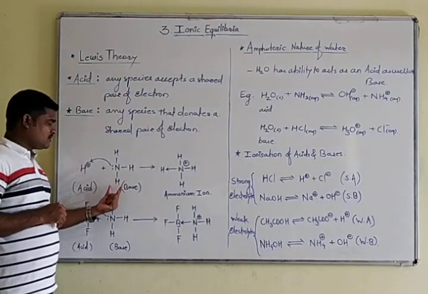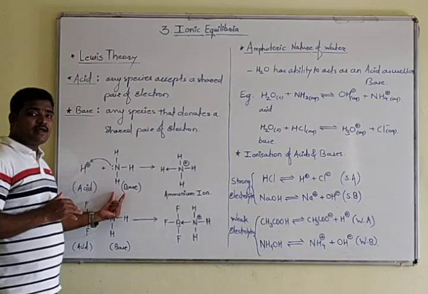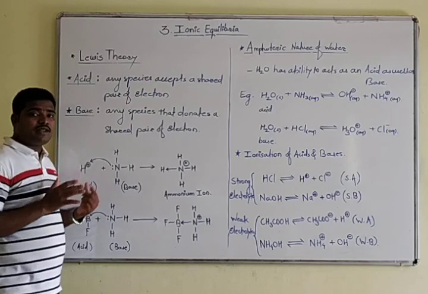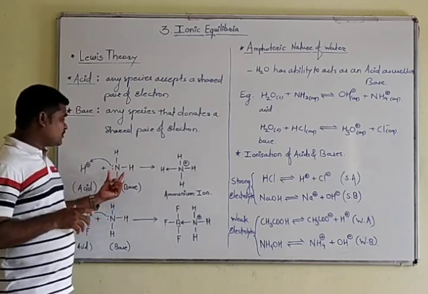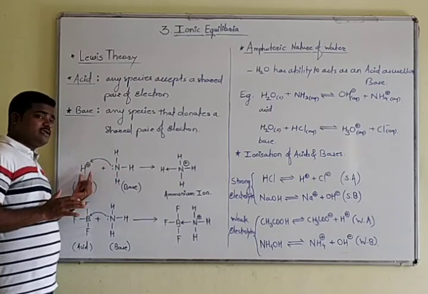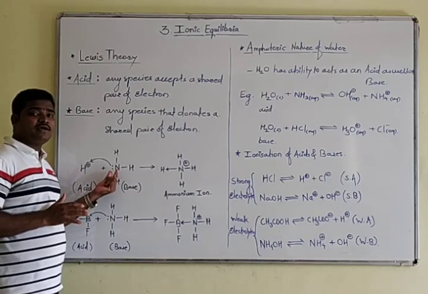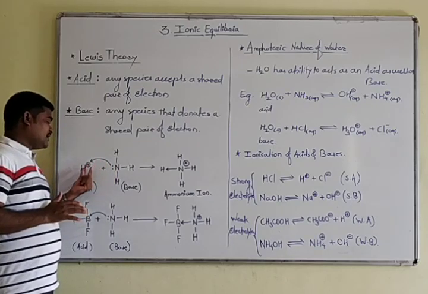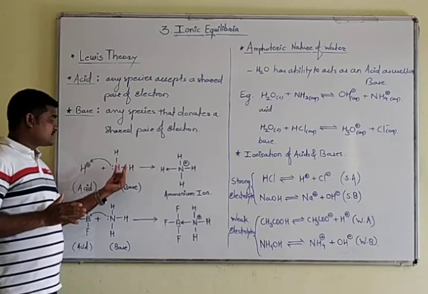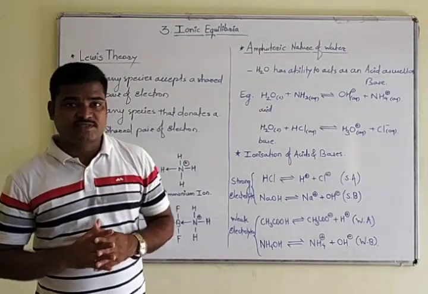In this example, we have taken NH3, that is ammonia, in contact with an H plus ion. Now what will happen here? As ammonia has an electron pair and at the same time an H plus ion is present, this electron pair is attracted by the H plus ion, and NH3 donates its electron pair towards the H plus ion.